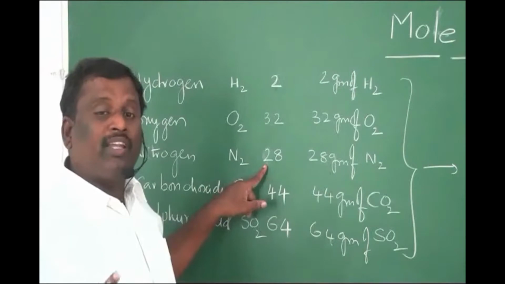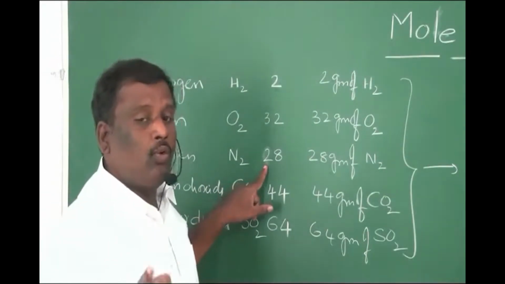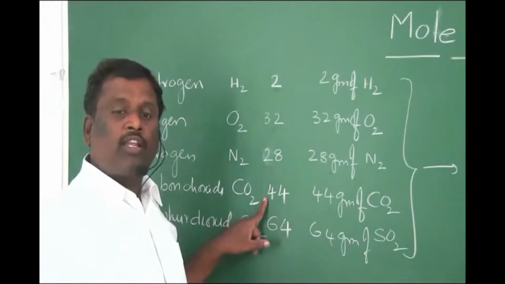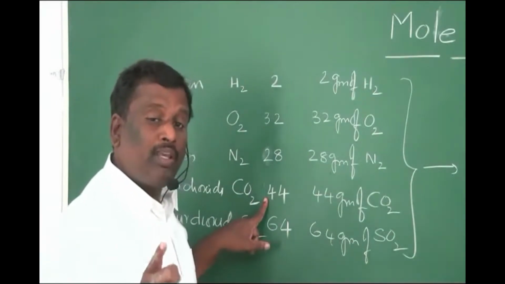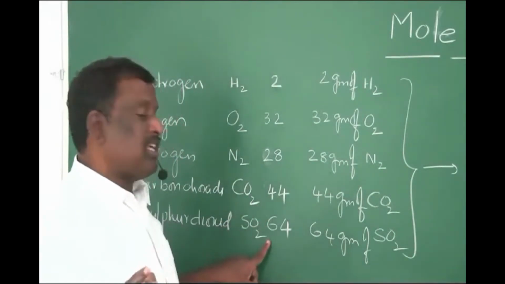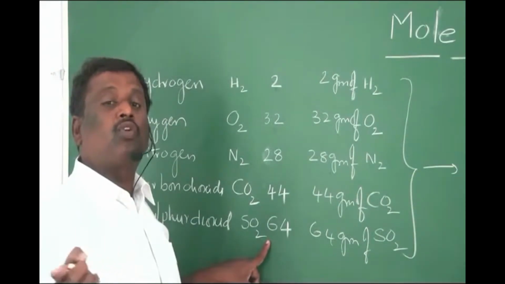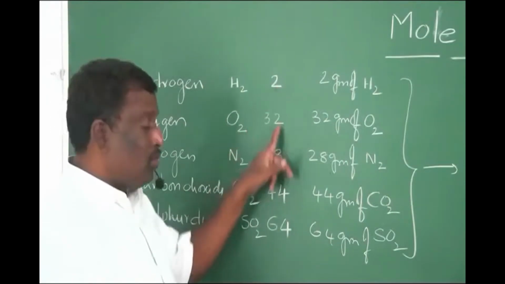Nitrogen molecular weight is 28. That means the nitrogen molecule is 28 times heavier than 1 AMU. Carbon dioxide molecular weight is 44. That means carbon dioxide is 44 times heavier than 1 AMU. Sulfur dioxide molecular weight is 64. That means the SO2 molecule is 64 times heavier than 1 AMU. So these are the molecular weights.